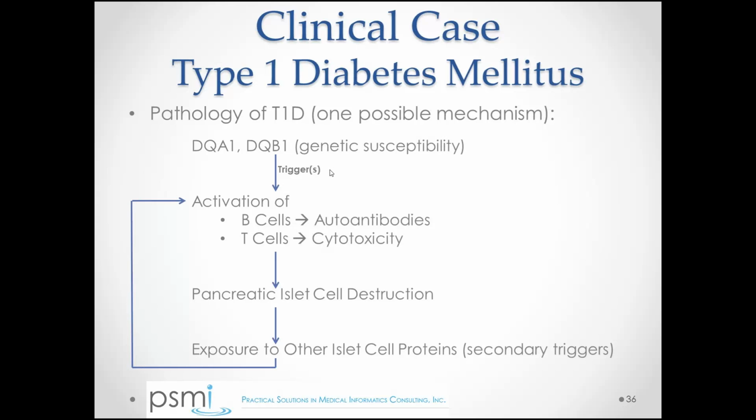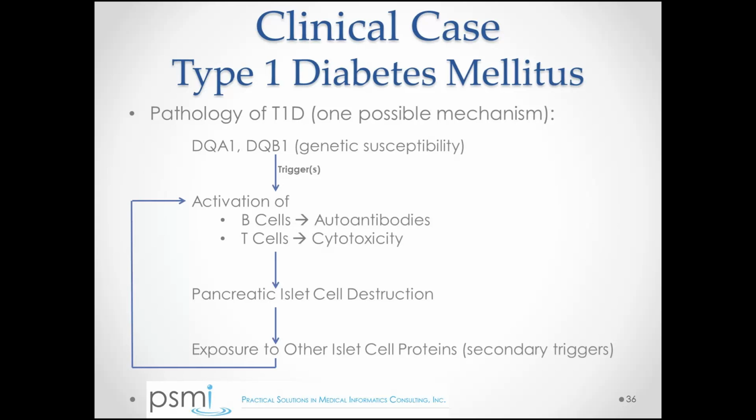And by the way, exactly what these foreign peptides are that are triggering this process in diabetes are not known. Some potential triggers that have been identified are viral infections, for instance, early rubella infections, early exposure to bovine albumin.